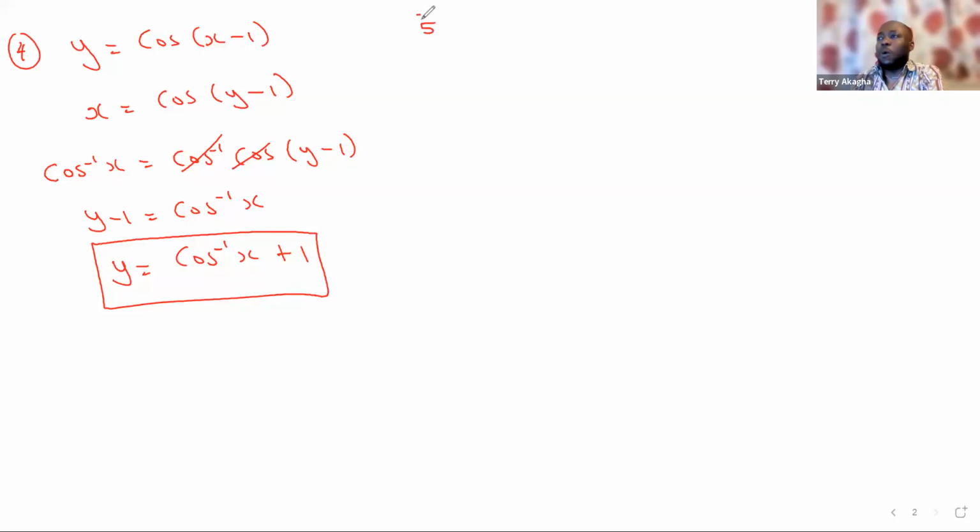All right, so let me just pick one more example, and that will be that for this one. So let's say we have y is equal to 1/x plus 3, and we're told to find the inverse. The same thing, you're going to put x is equal to 1/y plus 3. So we apply the law of inverse.